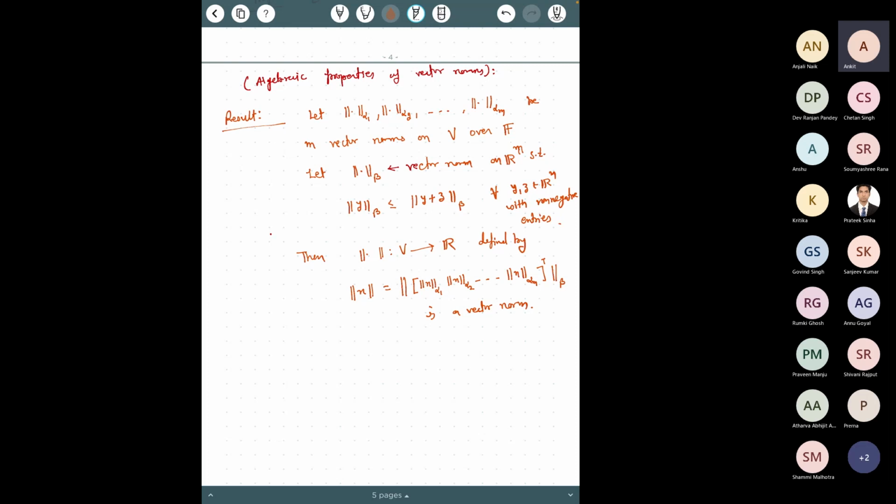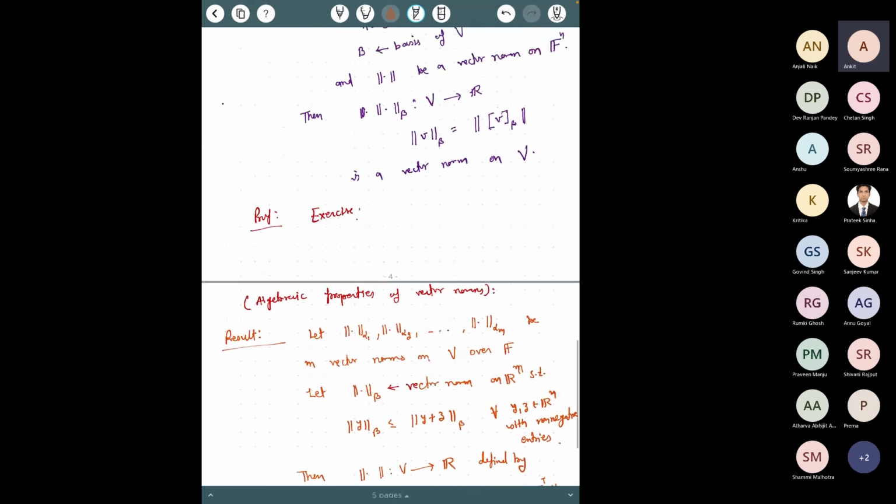So this is how this function is defined. You can verify that this function is well defined. Not only that, this function defines a vector norm on V. So now this result gives you one more way to define norms on a vector space.